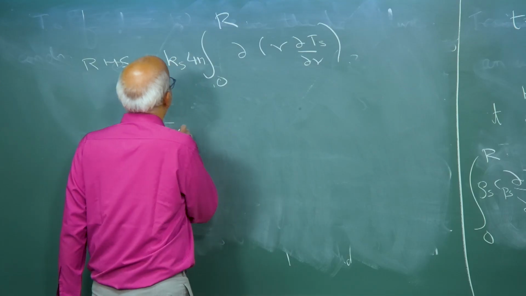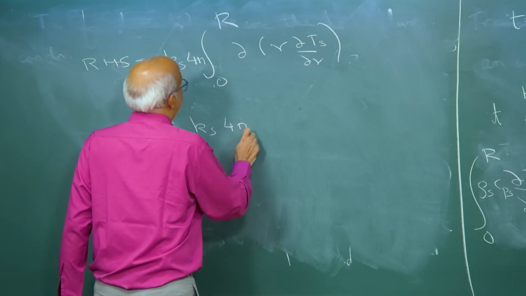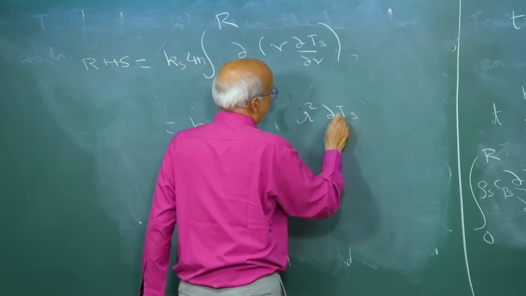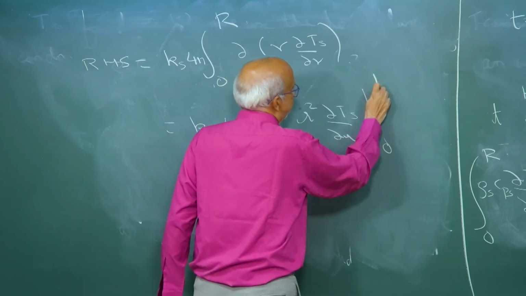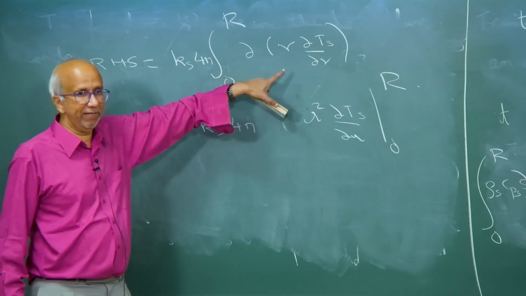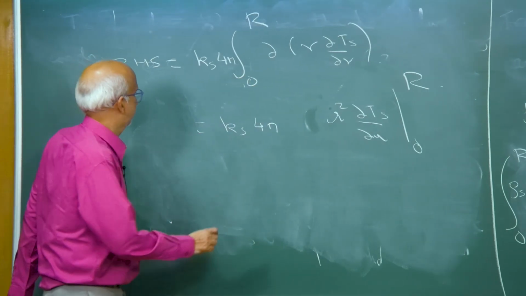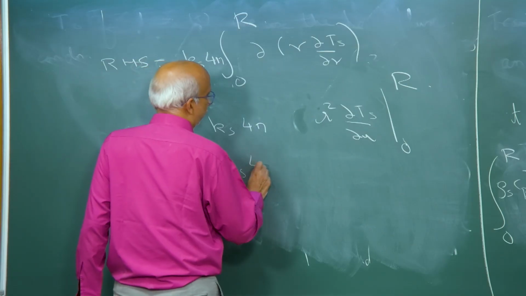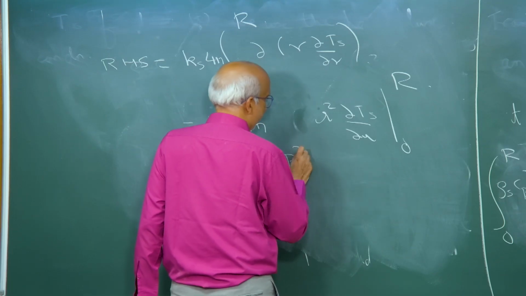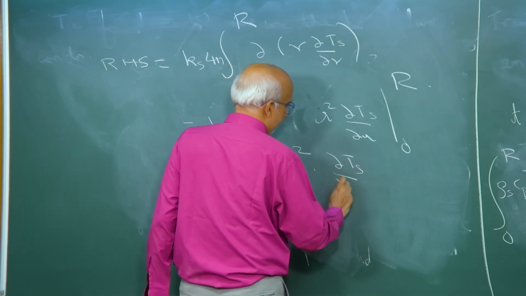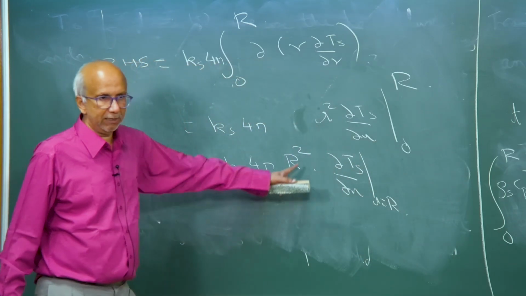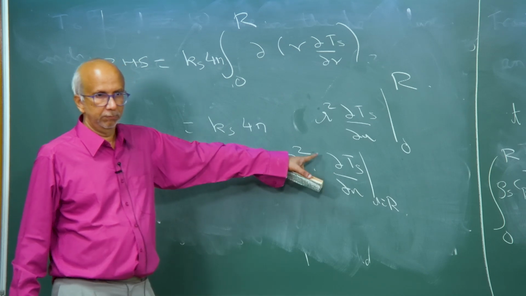So, now I have Ks 4 pi multiplied by r squared dTs by dr evaluated between 0 and capital R. The integral of d of that is just that. So, this is Ks times 4 pi times, evaluated at capital R, R squared times dTs by dr at r equal to R, and at 0 it is 0 because r squared is 0.